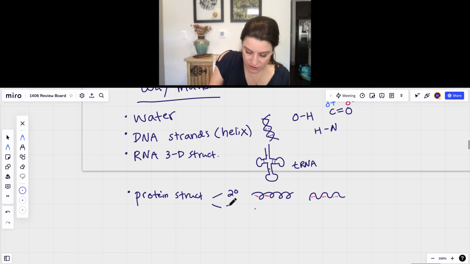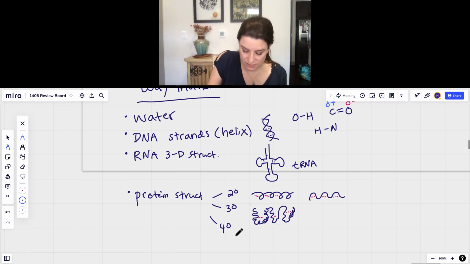You have the tertiary structure, that's the three-dimensional structure of the alpha helices and beta pleated sheets in some disorganized regions. So that is all held, I mean, not all of it, but some of it's held together by hydrogen bonds. And then we actually have the quaternary structure, which is where you have your subunits.